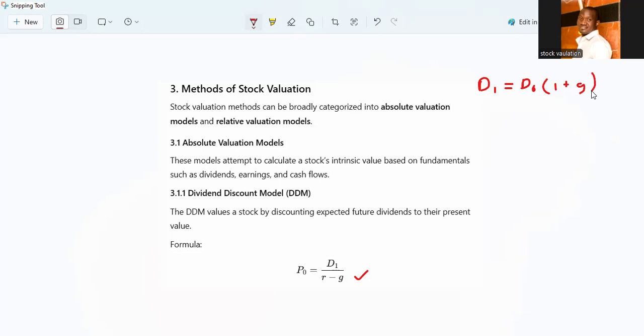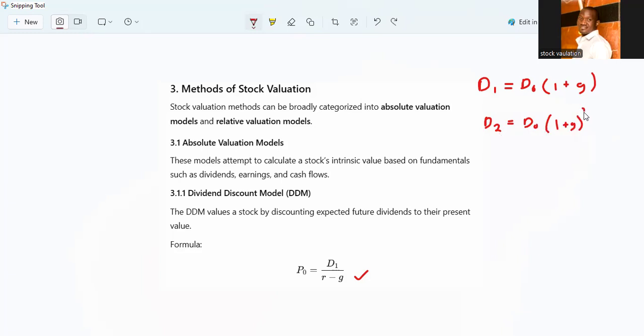If you look at D2, the dividend in year 2 is simply D0 times (1 plus growth), to the power of the difference in the years. What is the difference in the years? 2 minus 0 is equal to what? 2.